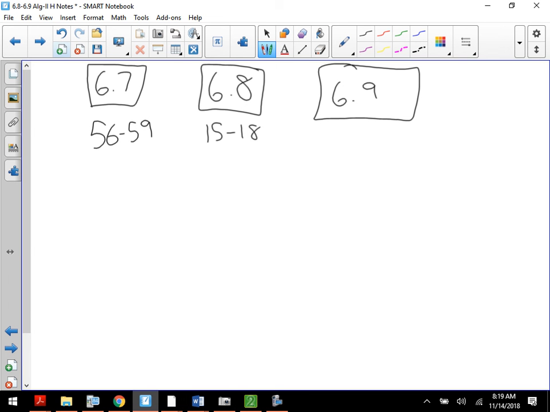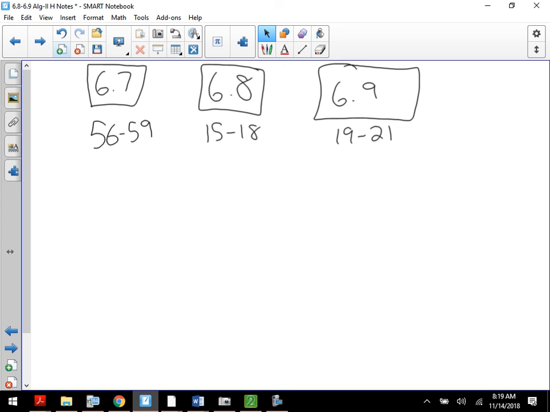I think I have all these on the PDF file already too for you. So with that 6.7 stuff, those 4 problems are basically what I showed you at the very beginning of the hour, where you're using the table function to search for a solution.